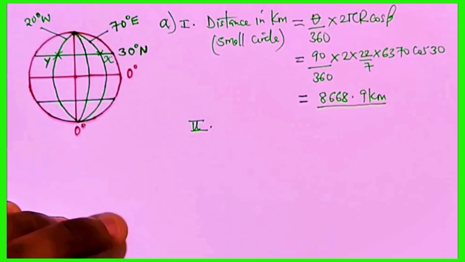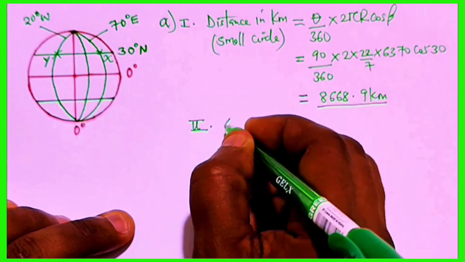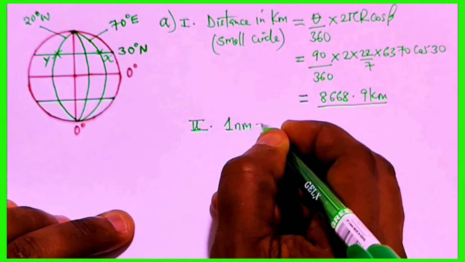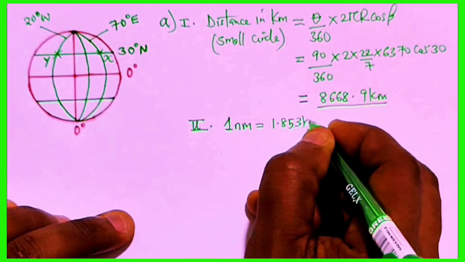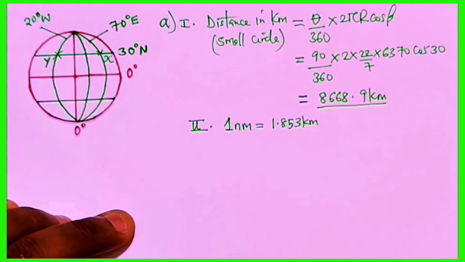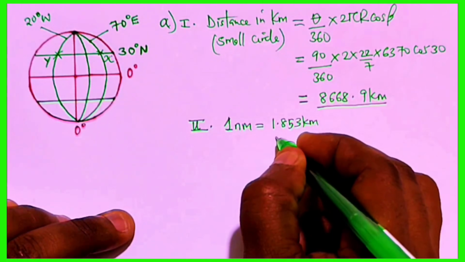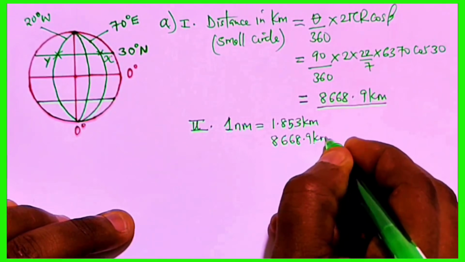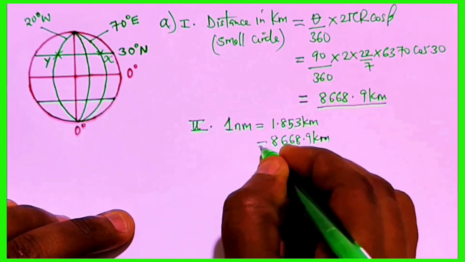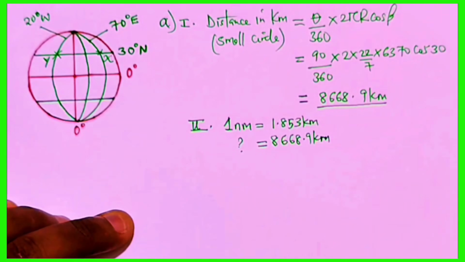In Roman 2, we are being told to find the distance in nautical miles. So we are going to consider the relationship that 1 nautical mile will be equal to 1.853 kilometers. And therefore we ask ourselves, what about 8,668.9 kilometers will be equal to how many nautical miles?